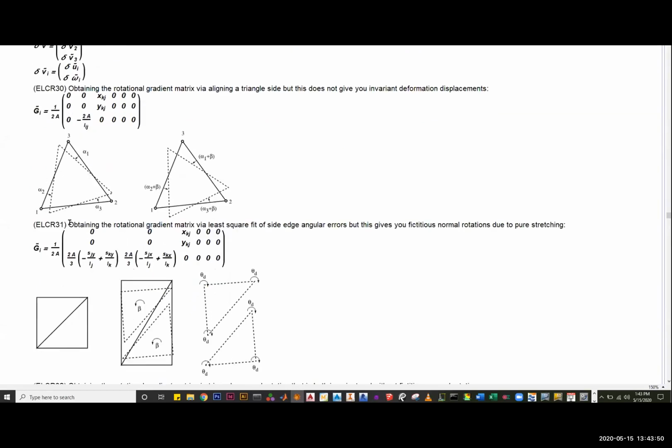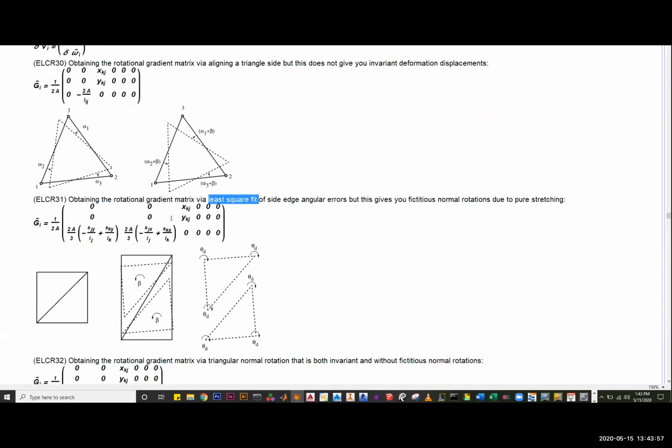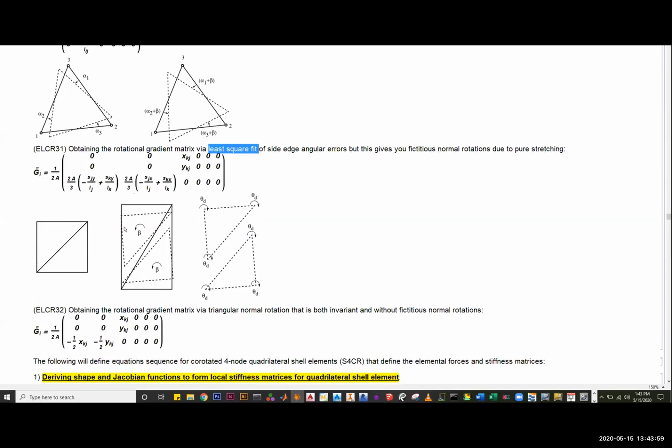So the other method is using this least square fit, and this is the G for that. And this is just a pictogram. So what we're doing here is instead of aligning the sides, you're going to do some stretching. You're going to stretch the shadow to fit the deformed.